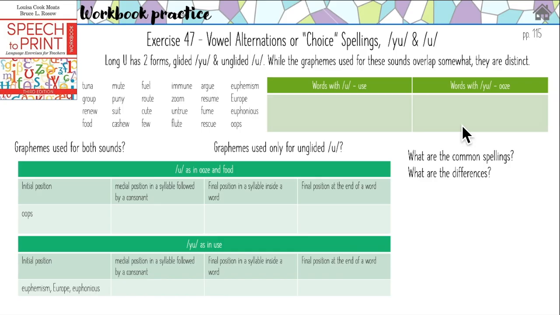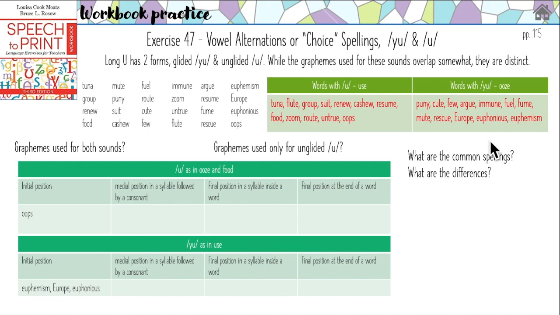So hopefully you paused and didn't just wait for me to stop and then do it. These are the words with the oo: tuna, flute, group, suit. You guys can hear that pure oo. And then over here should be the ones that have that y in them: puny, cute, few, argue, immune. You hear that y in there, okay?